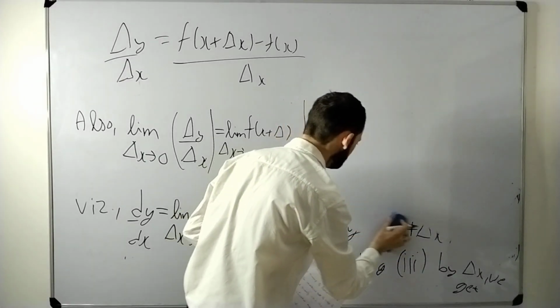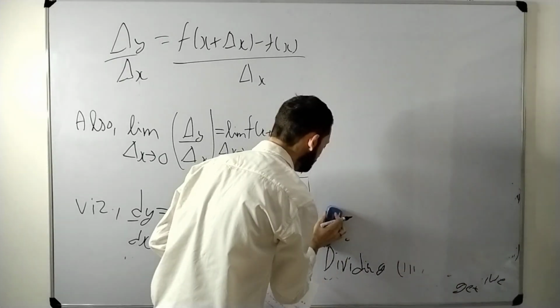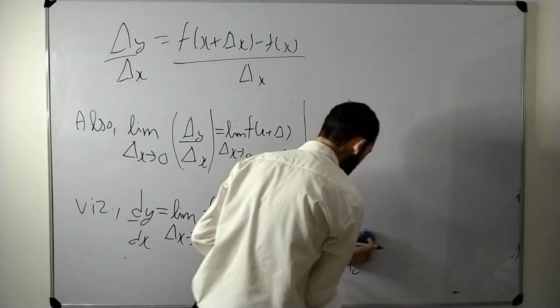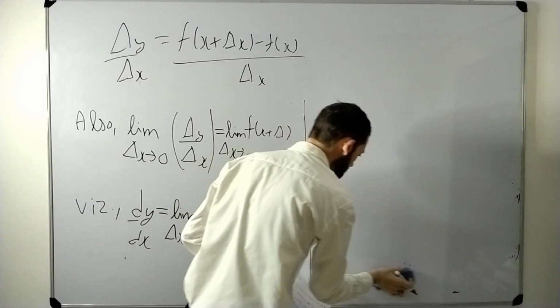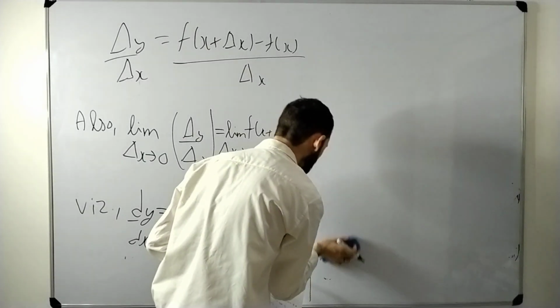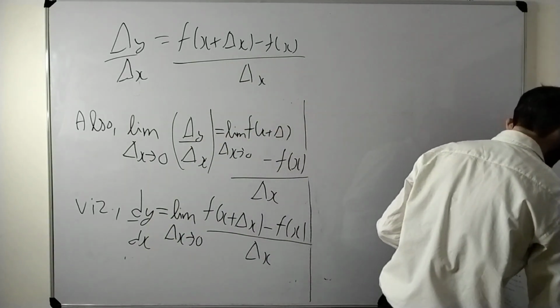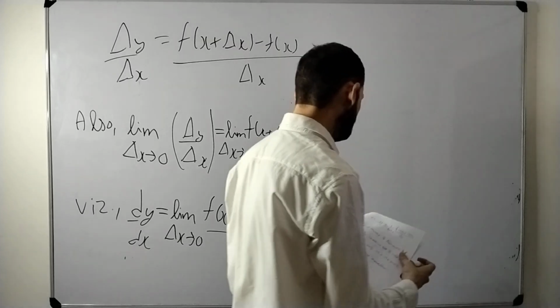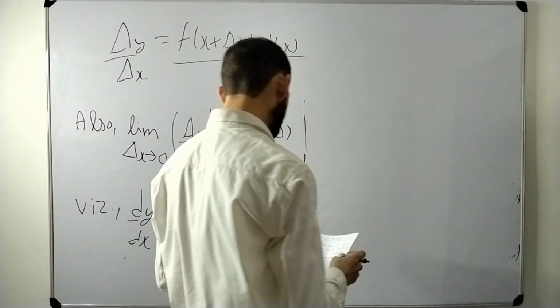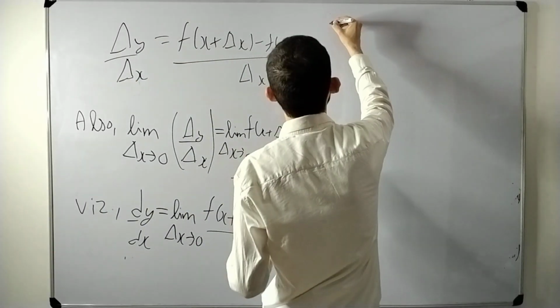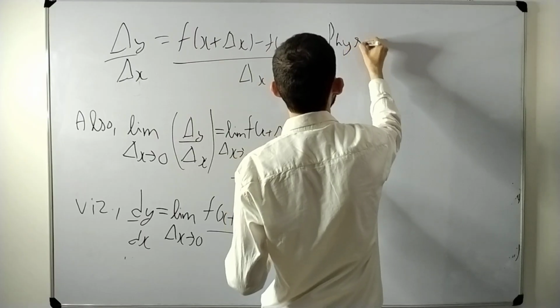Some students would say, sir, velocity is dx by dt, ds by dt, anything like that. Yes, basically what you are saying is right, but we will see what lies here. Physical meaning of differentiation.